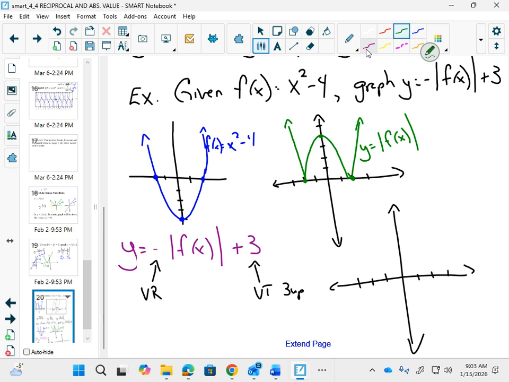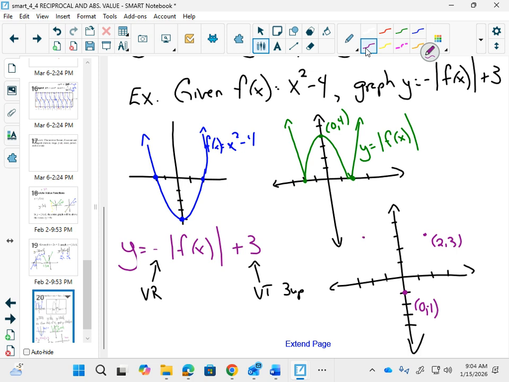I'm going to start with this point, (0, 4). Can you see that if you flipped it down, it would go all the way down to minus 4, but then when you shifted up 3 units, it's going to be at (0, -1). If I take this point, (2, 0), flipping it down is still going to be (2, 0), but when I shift it up, I'm going to get (2, 3).